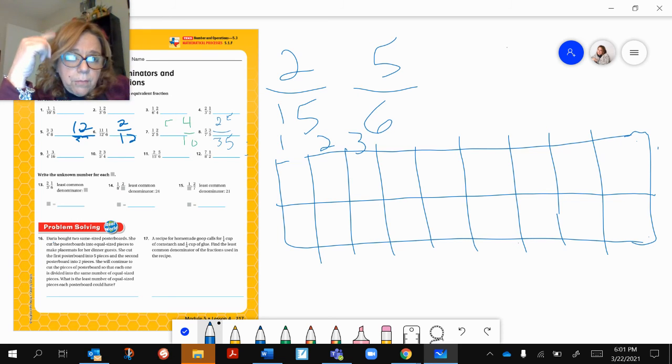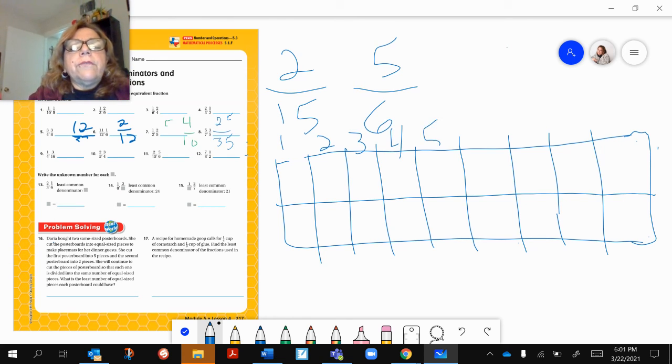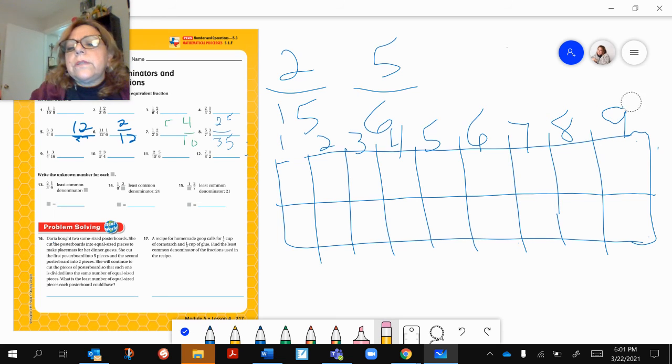I'm already thinking in my head, 3 times 6, 4, 5, 6, 7, 8, 9. Actually, what I will do is go ahead and split this one in half. Make that 9 and 10.